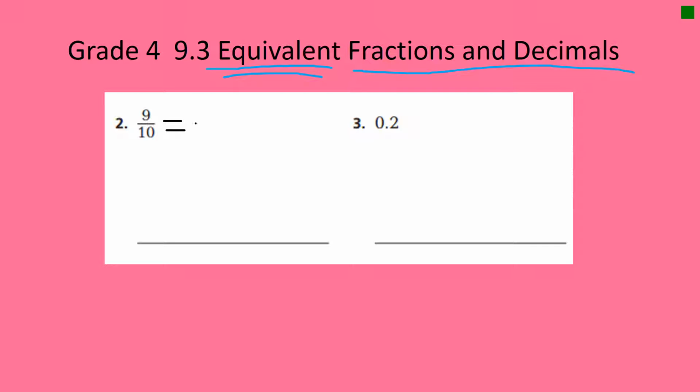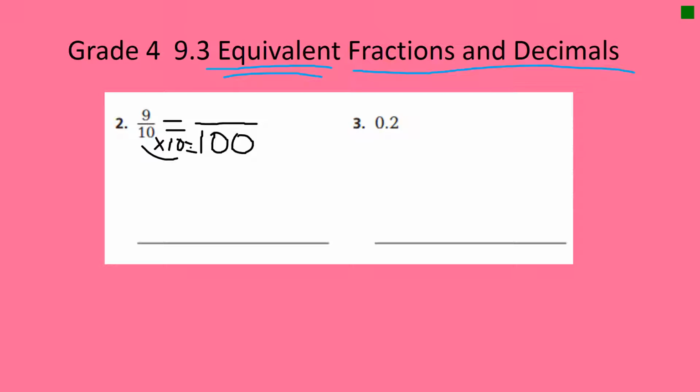So I'm just going to make an equivalent fraction. 9/10 equals how many hundredths? Well, what do you do to 10 to pop it up to 100? Because you can multiply or divide to make equivalent fractions. So I'm going to make this 10 times bigger. 10 times 10 is 100.